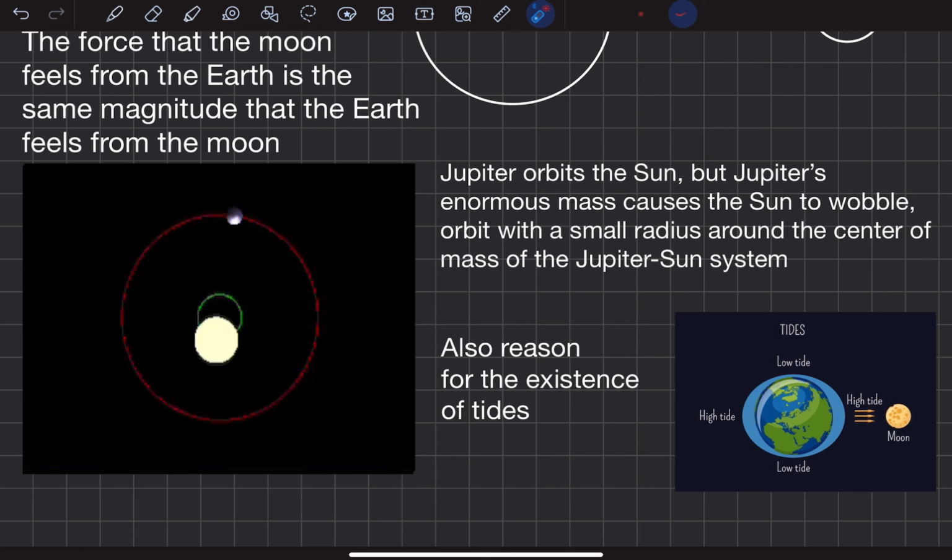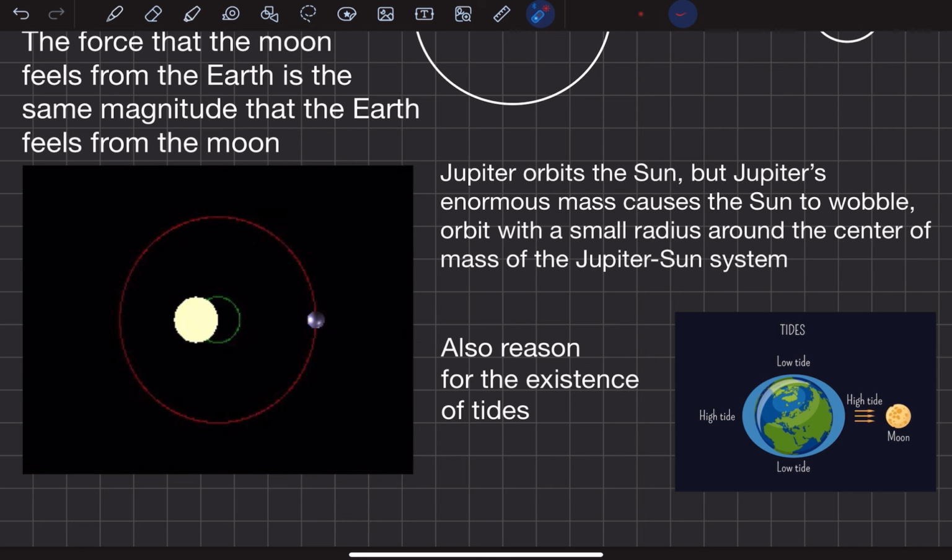So it wobbles, and this actually confounded early astronomers because they got telescopes that were precise enough to notice that the Sun and other celestial objects that had orbiting bodies around them would oscillate a little bit. They might look at it like it's doing this kind of motion, going around and doing a little jiggle, essentially. And that's because the Sun does feel a gravitational pull towards Jupiter as well.